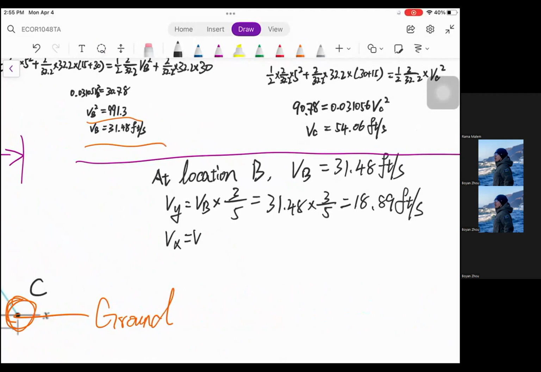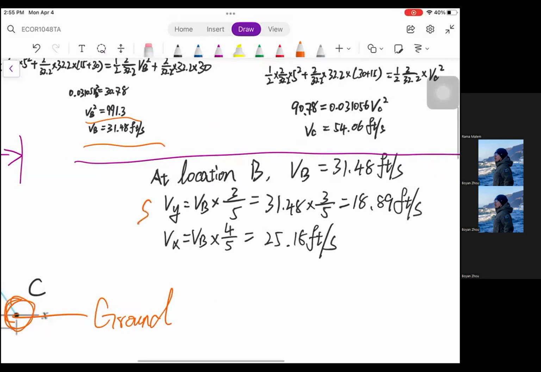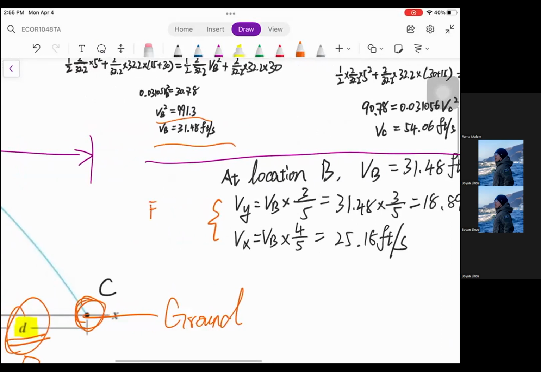Also, Vx is VB times 4/5, and that is 25.18 feet per second. Again, this information is from the geometry.